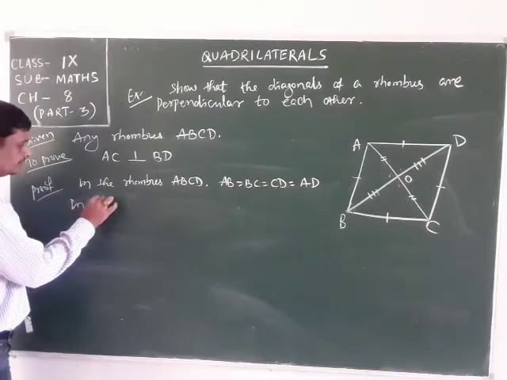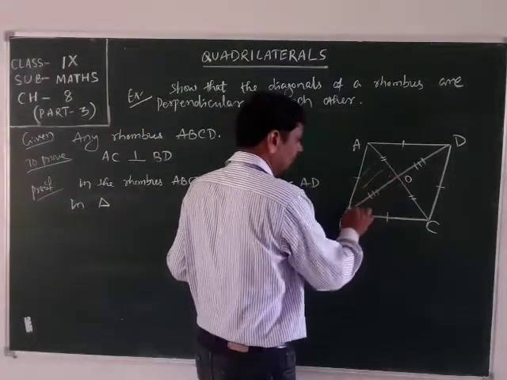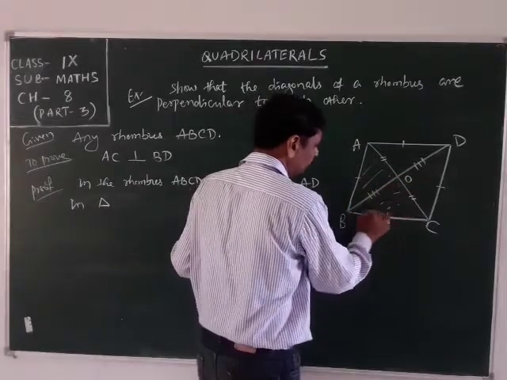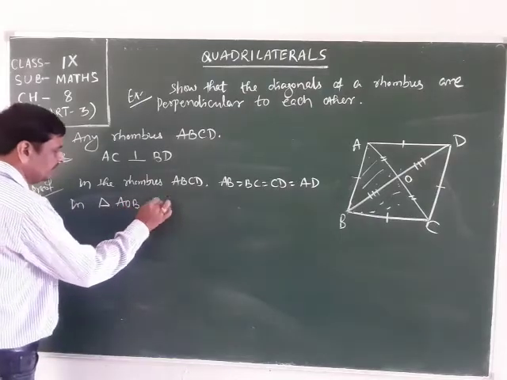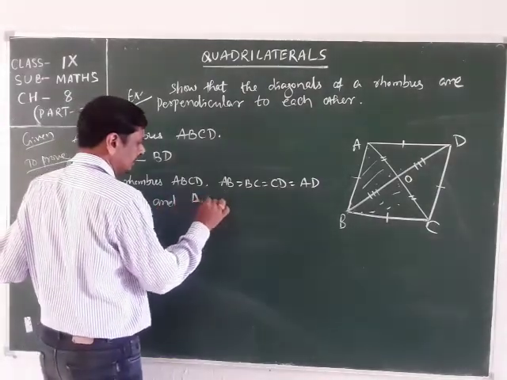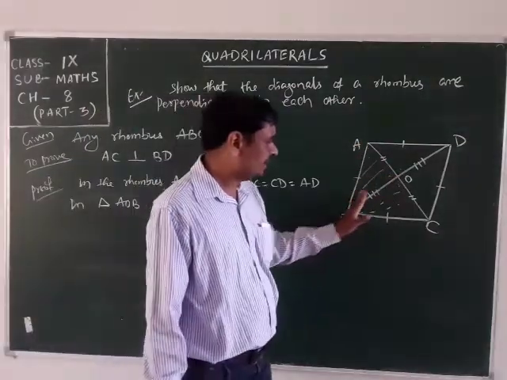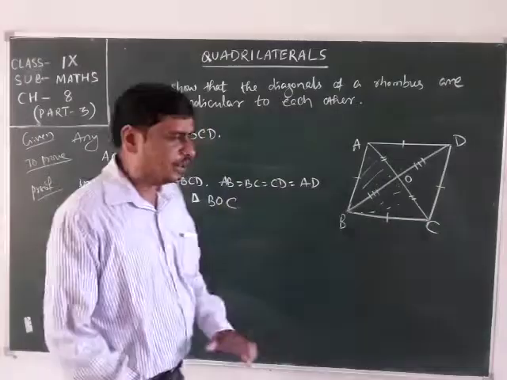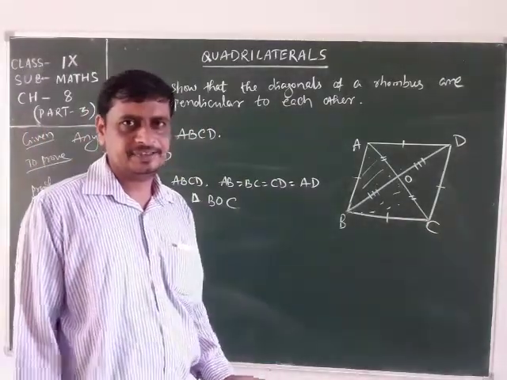We are taking triangle AOB and triangle BOC. How are these two triangles related?